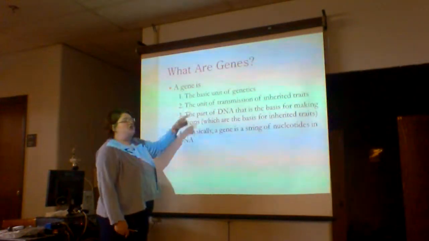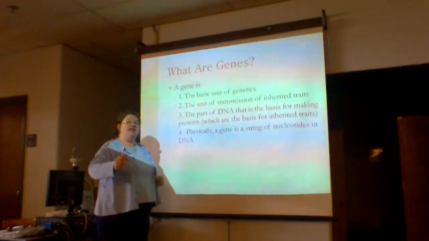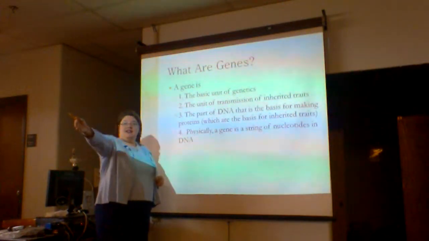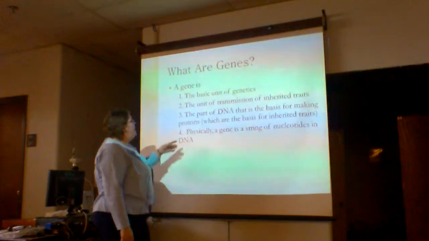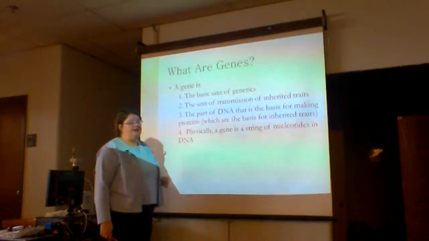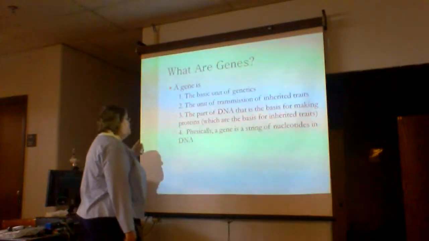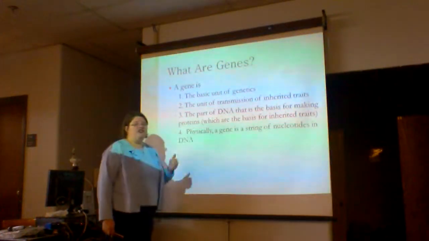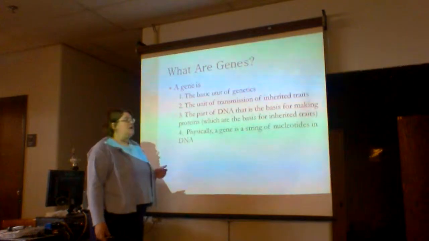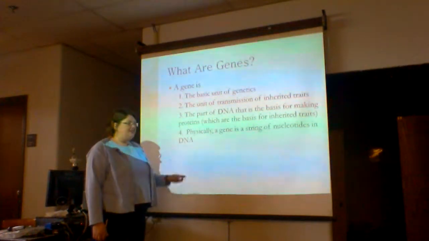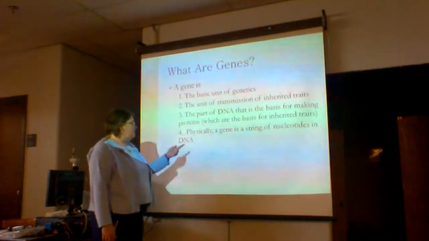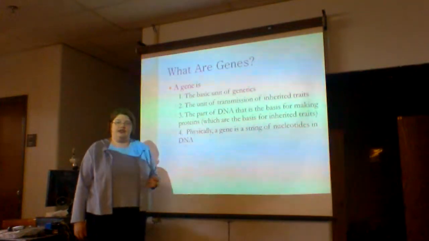It's the basic unit of how we transmit inherited traits to the next generation. It's the part of the DNA that has the instructions for making proteins. Proteins are the basis for inherited traits. But if we just look physically at what is a gene, it's just a string of the nucleotides.